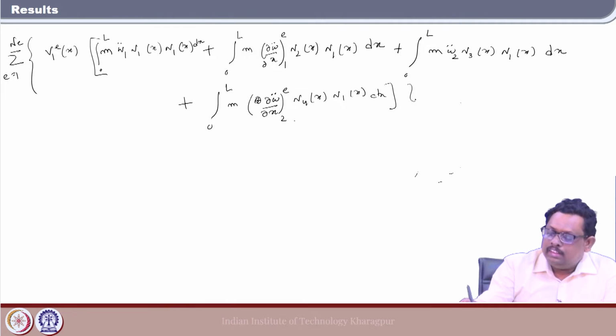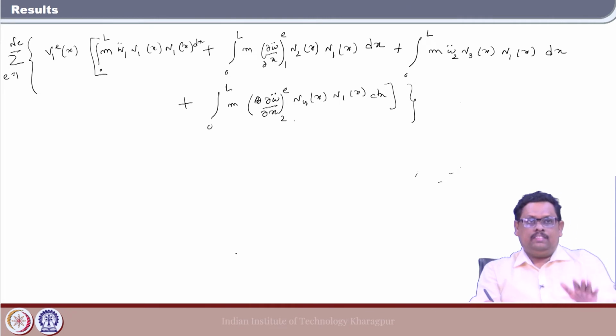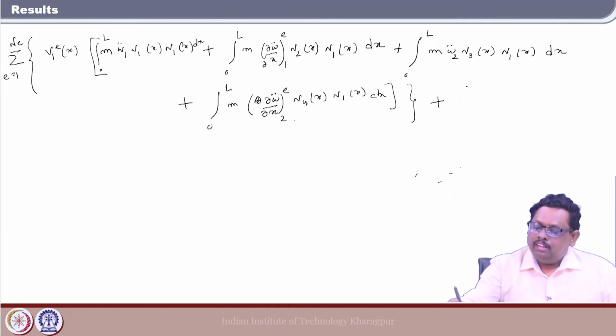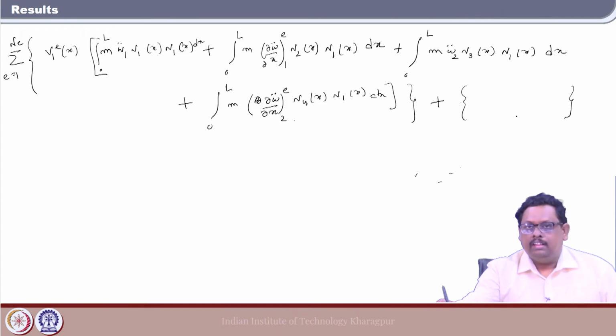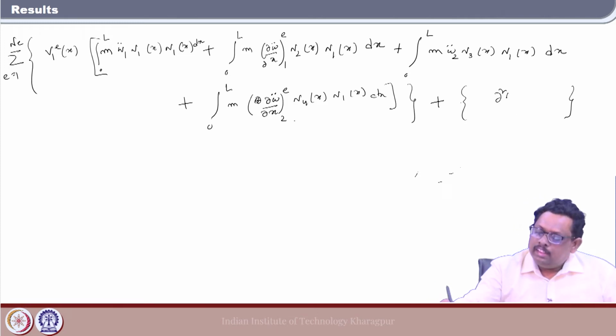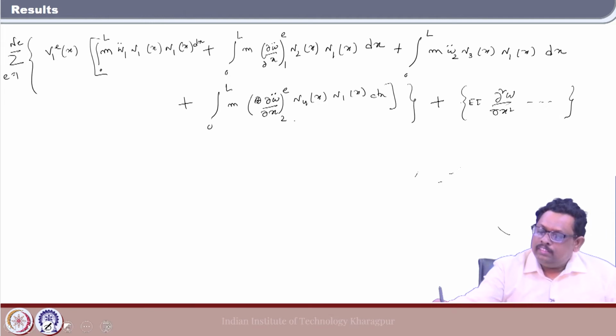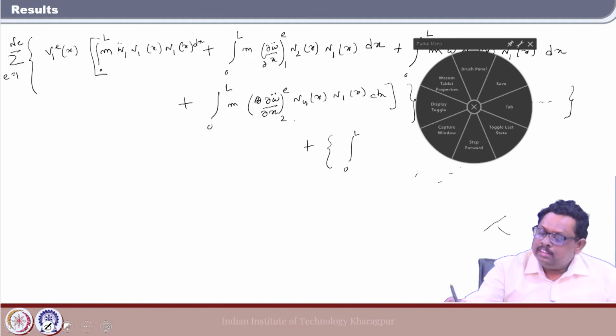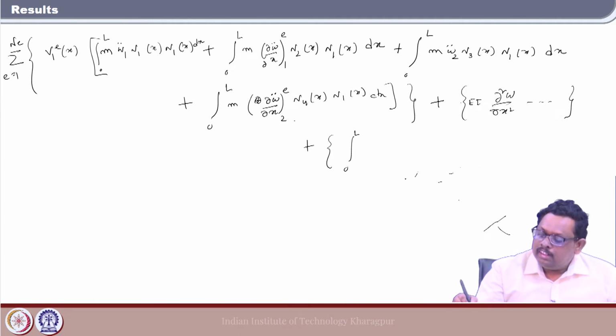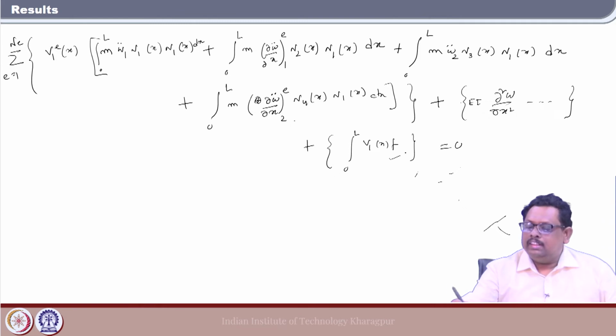So, I close this, and then I should not close this for this, because you have another term, again the similar term can be written for this del square W by del x square into those terms also, I need to do E I into. So, for that also you need to do that, and then also you need to do that for the another term, which is nothing but integration 0 to L, into V1 x into f, this equal to this. So, you have to do all these terms also.